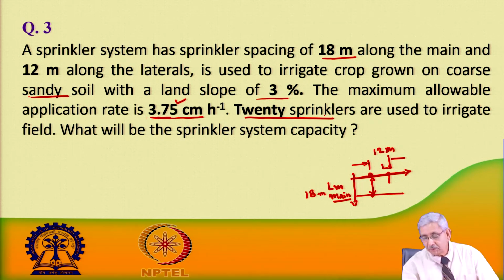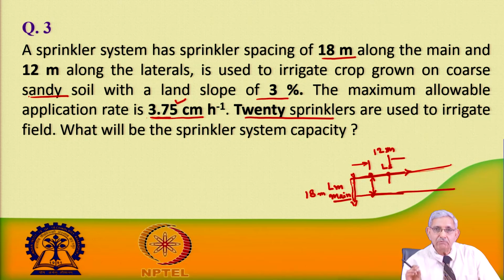So, there could be, say, 10 sprinklers in this lateral, 10 sprinklers in this lateral. So, total number of sprinklers will be 20. Now, if I have to use this particular main pipeline, what will be the total discharge that will be carried by the main, and this main will be receiving water from the pump.